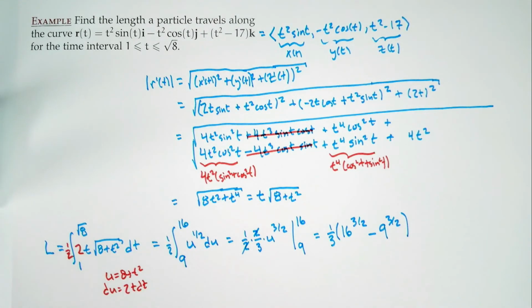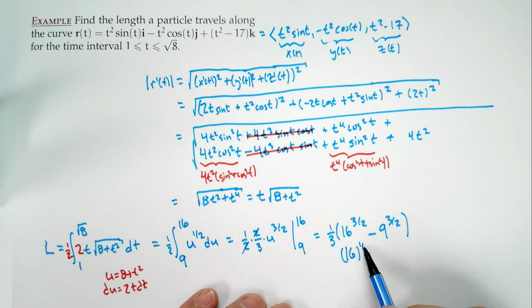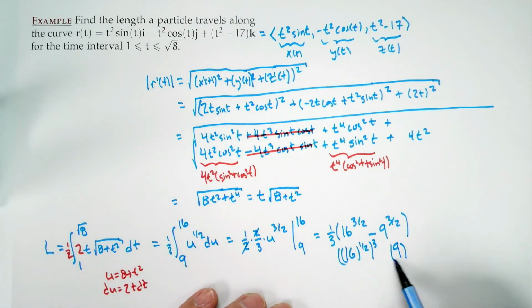For example, what about 16 cubed? Well, 16 cubed is 4,096, right? Probably thinking, yeah, of course it's 4,096. Well, probably it's easier to think of this as 16 to the 1/2, and then we cube it. Similarly, 9 to the 1/2, and then we cube it. Because 9 cubed, well, 729. But who remembers that? But it's easier to remember 9 to the 1/2.